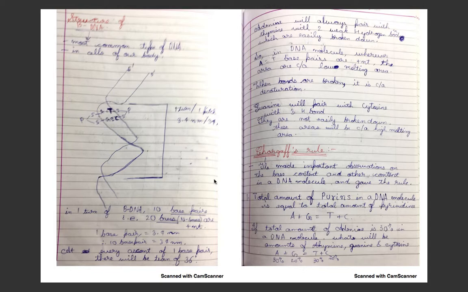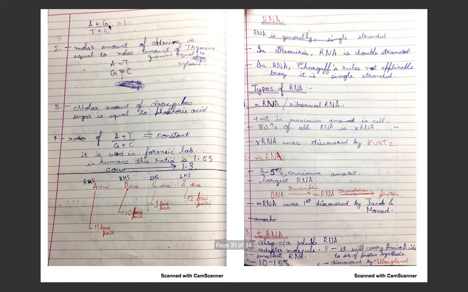So A equals T, 30-30, and the rest would be G plus C, and G and C equal, so 20-20%. And (A plus G) upon (T plus C) equals 1. Simple thing.